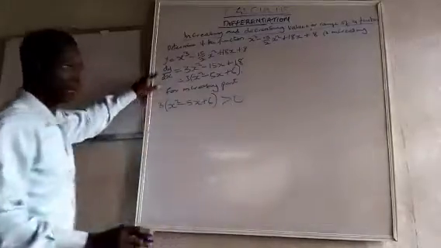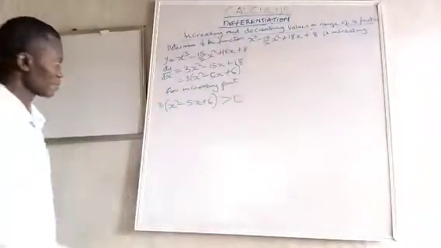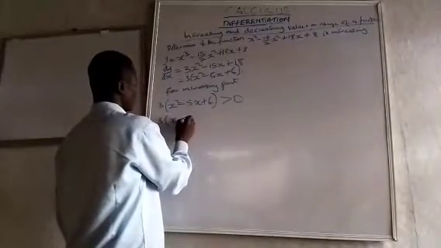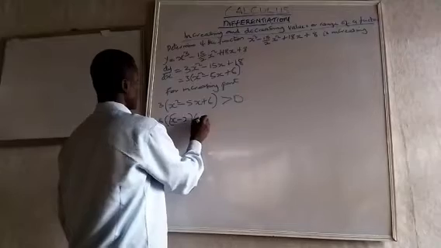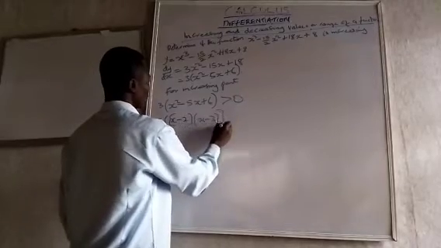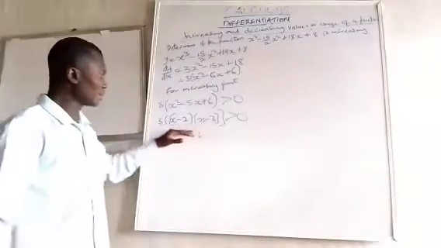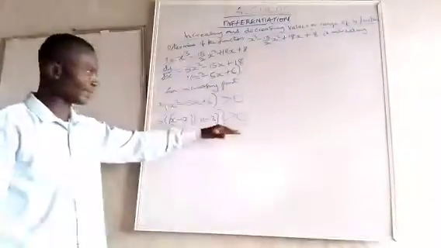That is, dy/dx must be positive. Now, let's quickly factorize: x minus 2 into x minus 3. Now, let's test for the range where dy/dx is greater than 0.